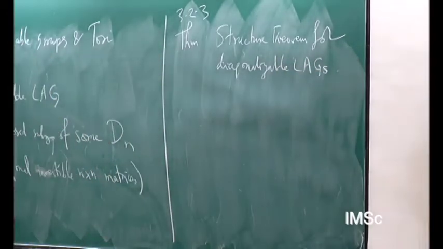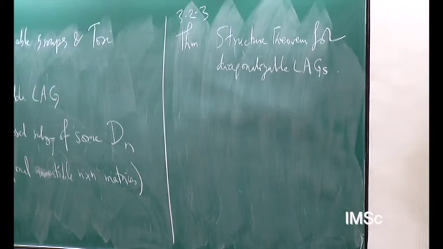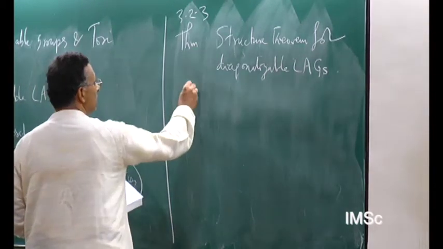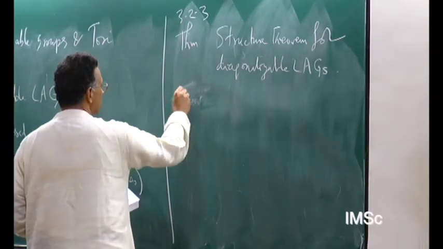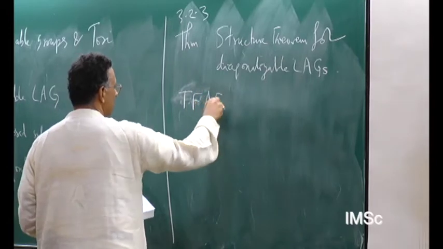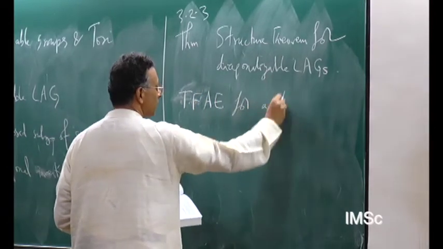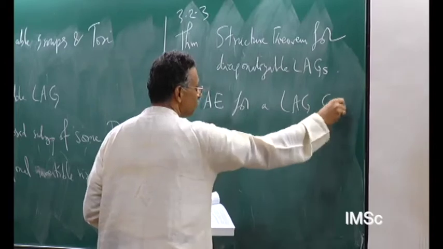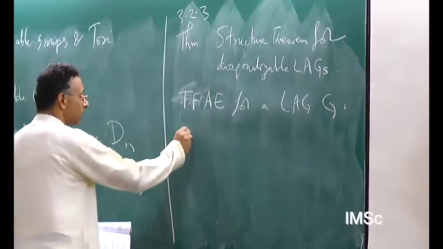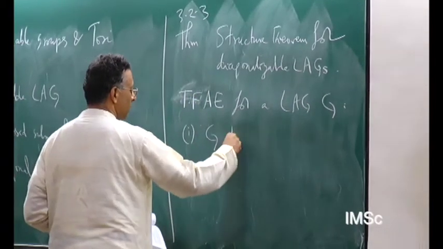So far we have had a structure theorem for commutative linear algebraic groups, one structure theorem for dimension 1 connected linear algebraic groups. Now this is a third structure theorem, for diagonalizable linear algebraic groups. The following are equivalent for a linear algebraic group G. 1. G is diagonalizable.